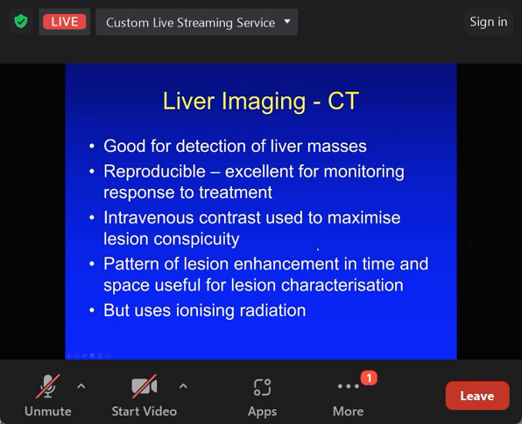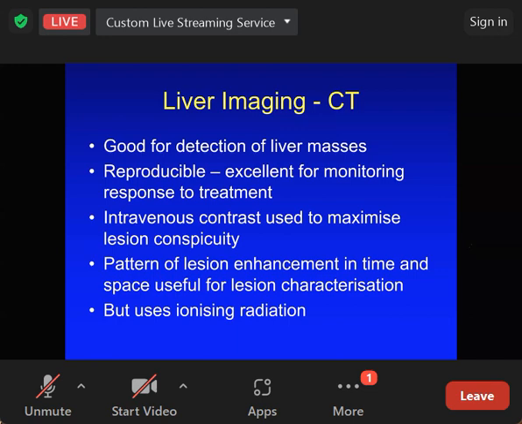And there are various aspects of lesion enhancement that give us more information. One is the way that the lesion enhances with respect to time, but also how the lesion enhances within itself, the morphology of the lesion as it's enhancing.